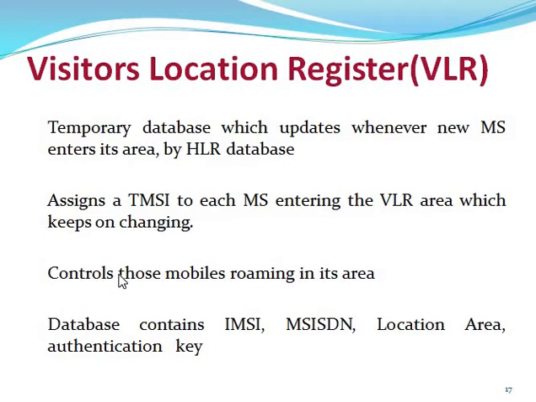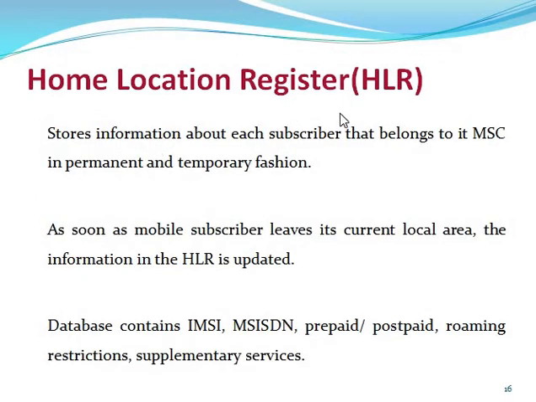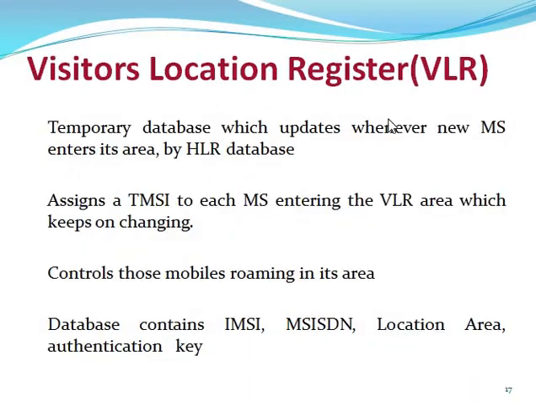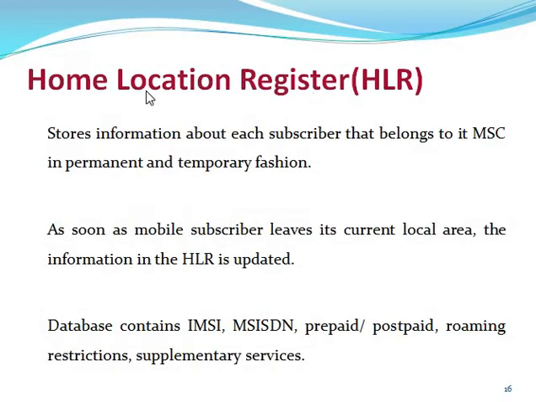If you connect to a roaming network, this is managed by the VLR. The database contains the IMSI, MSISDN, location area and authentication key. So this information is managed in the visitor register, which is connected to the home location register and passes all the information to the HLR.